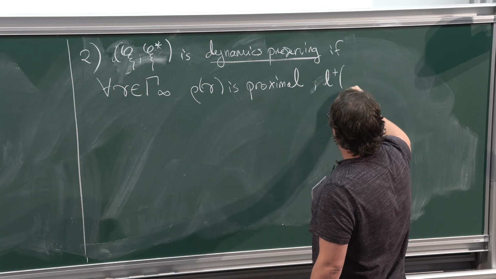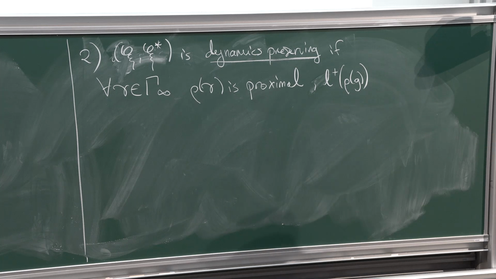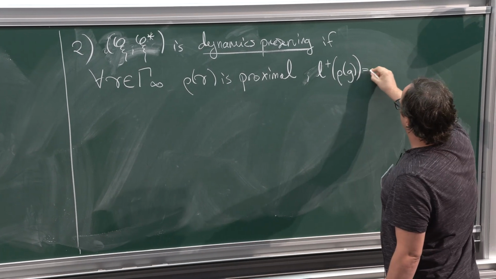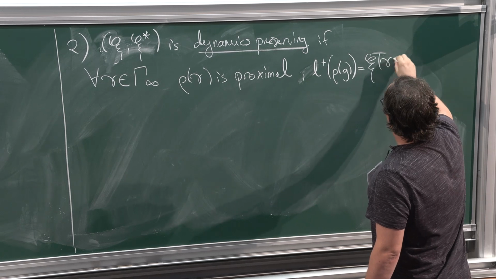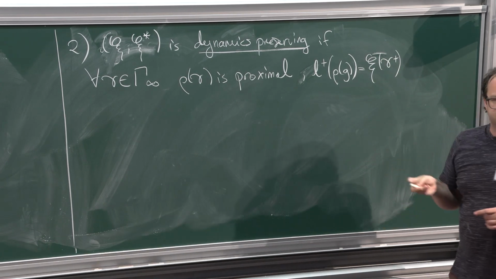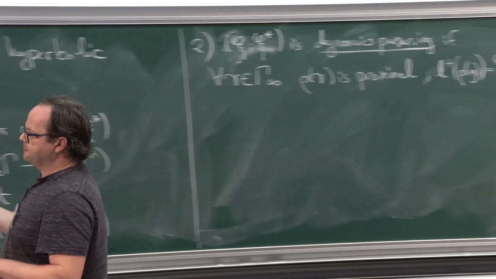and that the attracting point in the projective space, this L plus of rho gamma, will be psi of gamma plus, right? Because gamma plus is an attracting point for the action on the boundary of gamma, right?